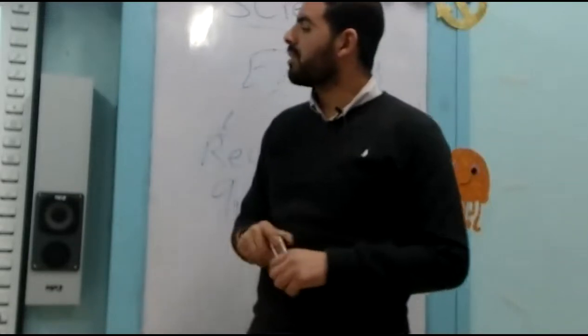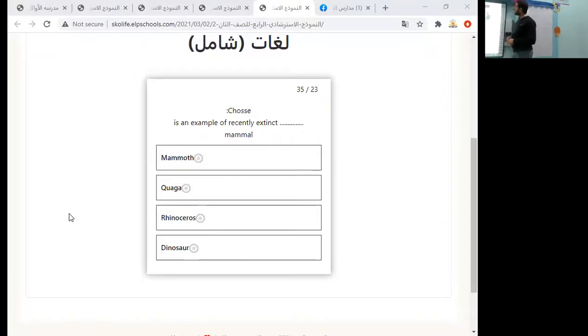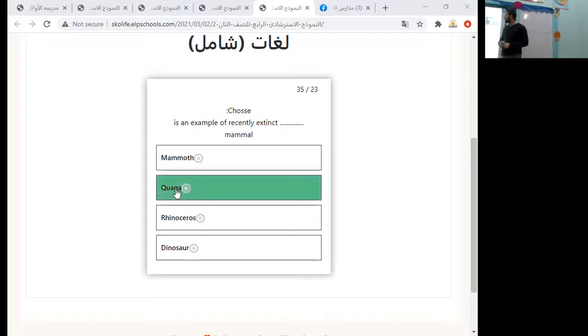So let's return to our question: which is an example of a recently extinct animal? Mammoth or quagga. The answer is quagga.